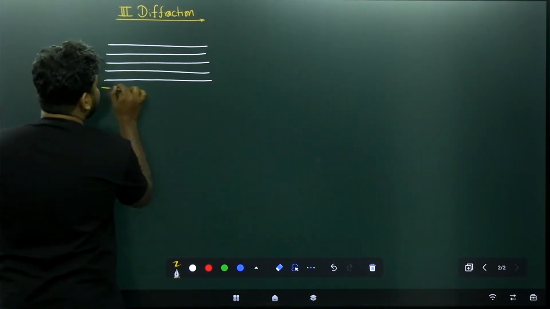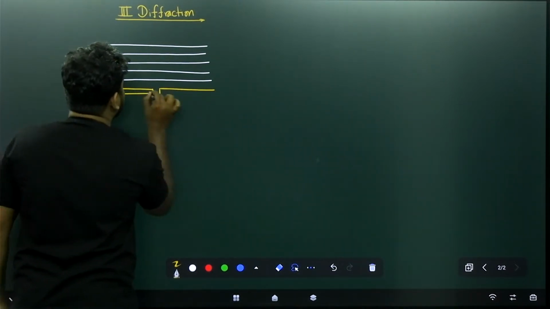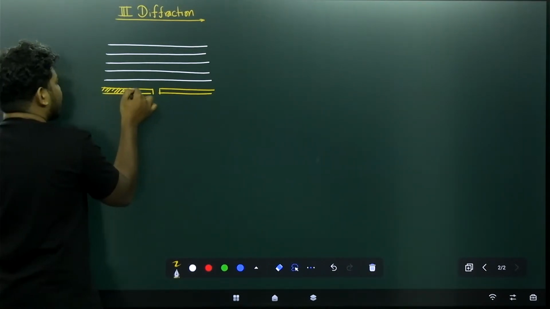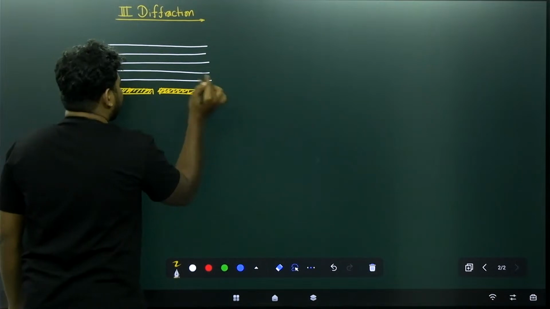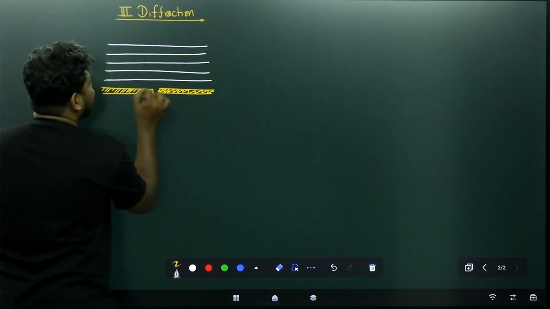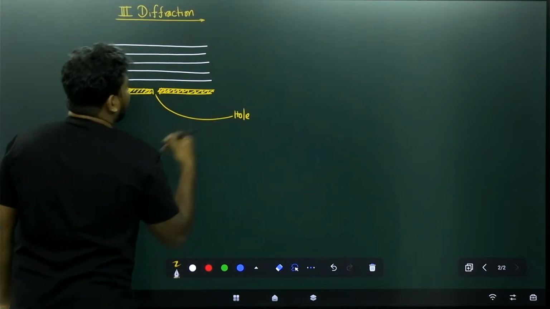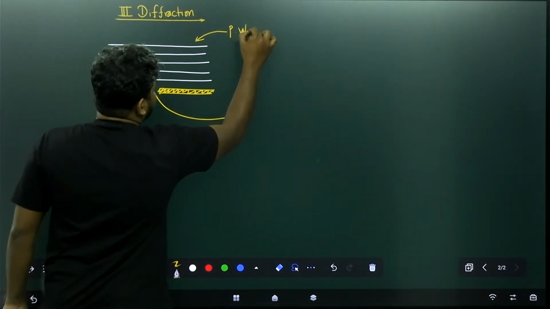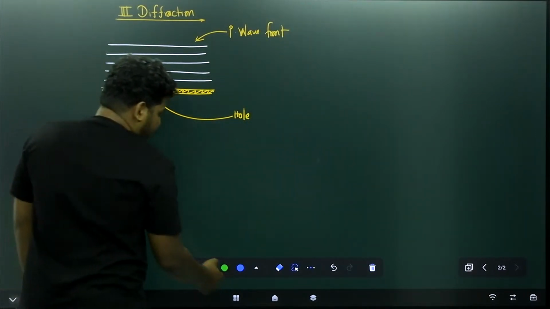This is the barrier. So I'm making a small hole. This is the hole, guys. This is the parallel wavefront. So what will happen?